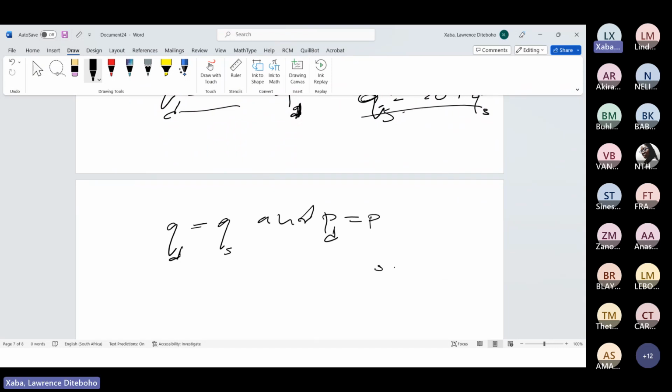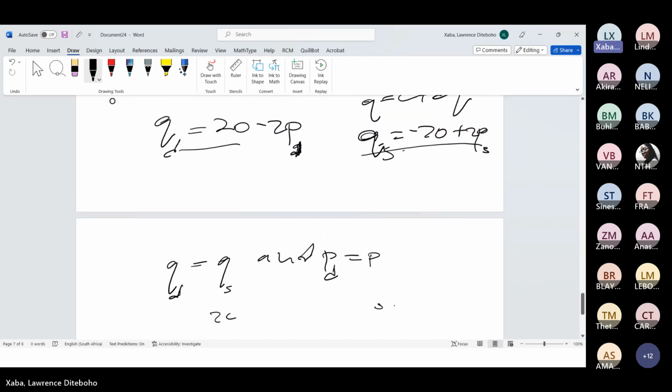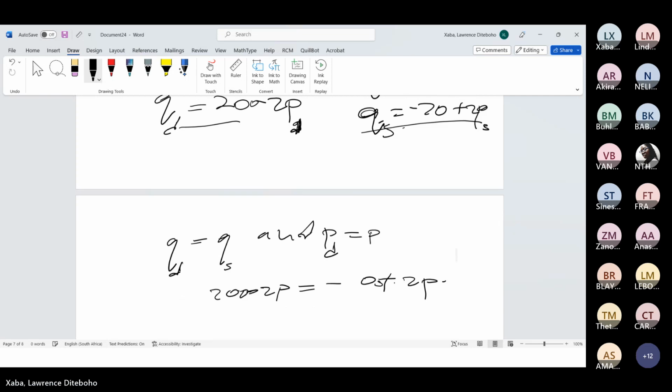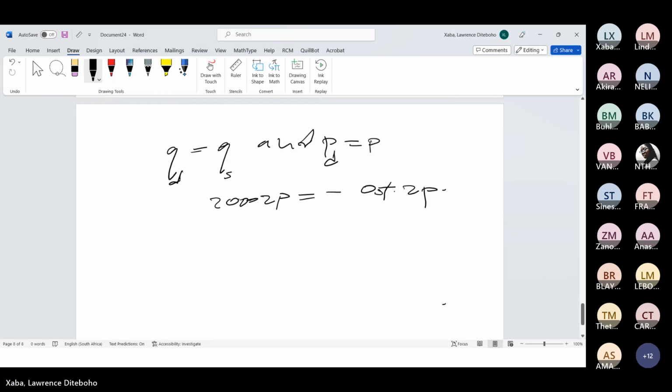So we say 20 minus 2P equals, negative, rather 200, sorry, it's 200 plus 2P.